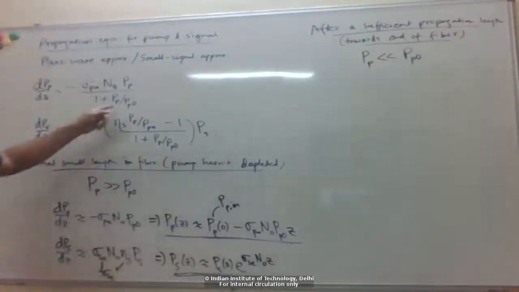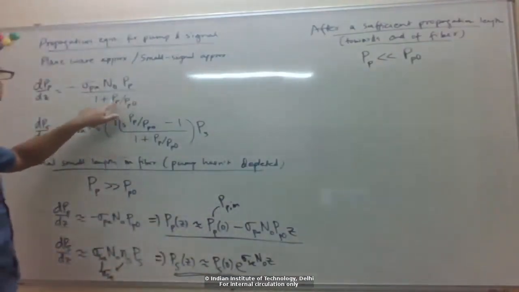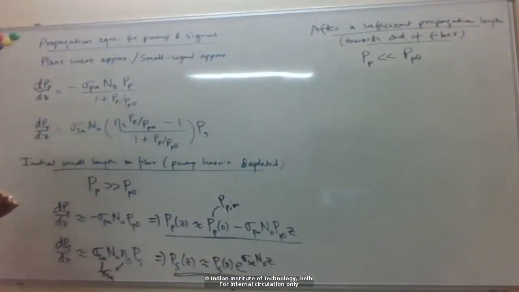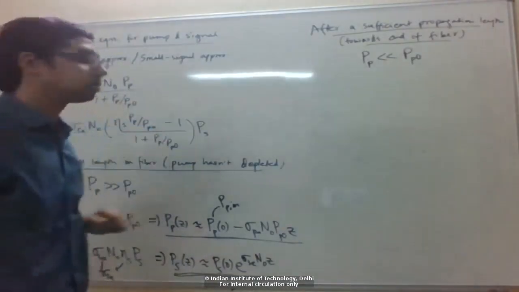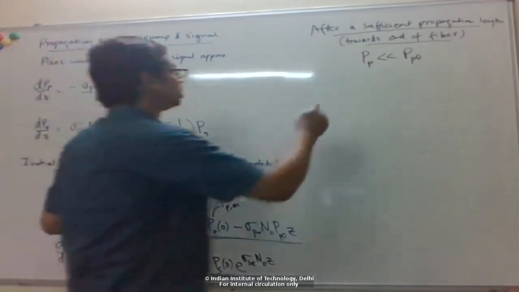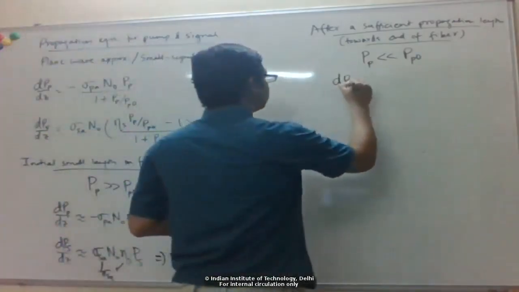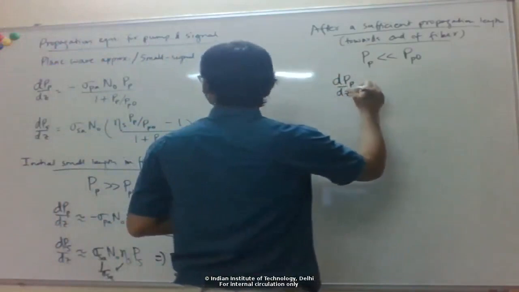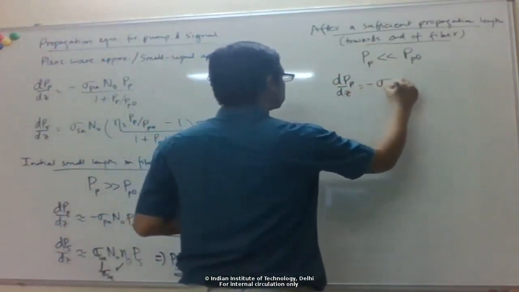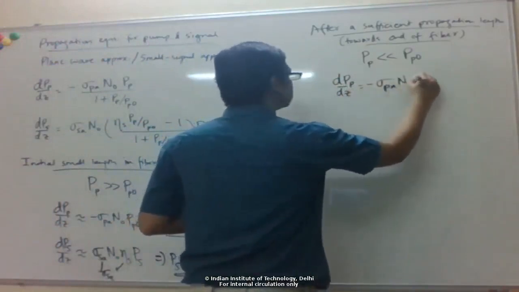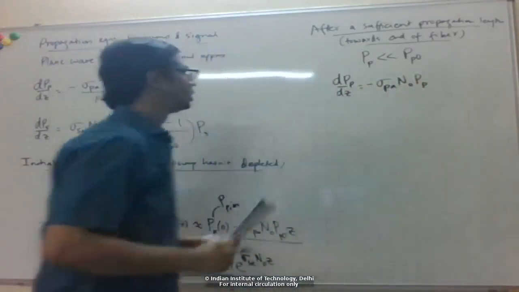So we neglect PP over PP naught with respect to 1, because that becomes 1. Now the equation will become this.